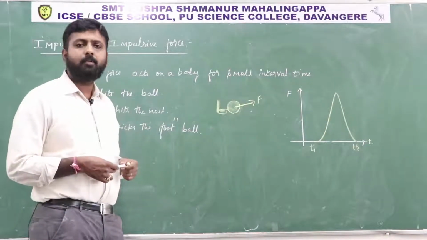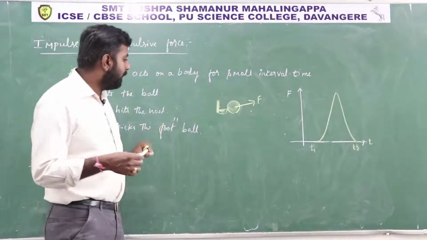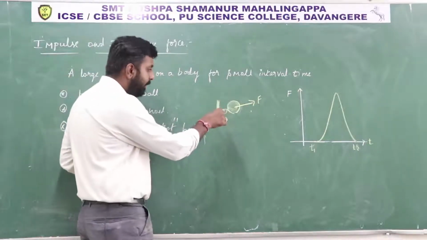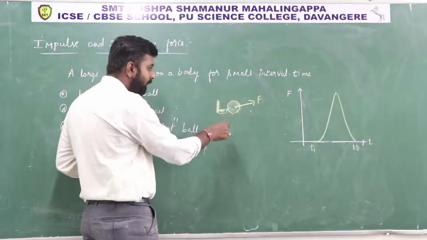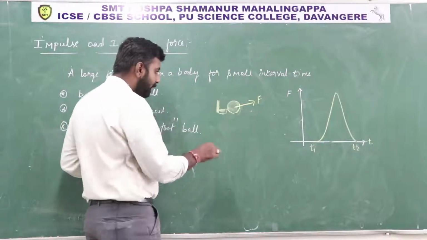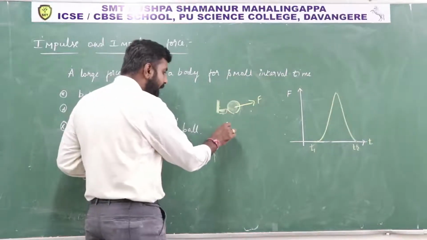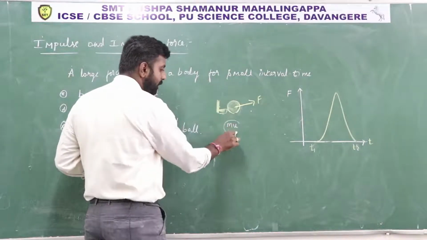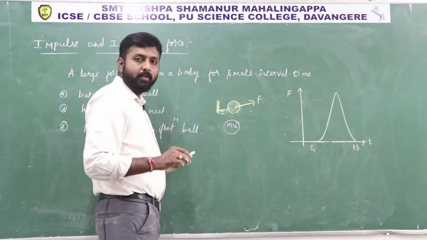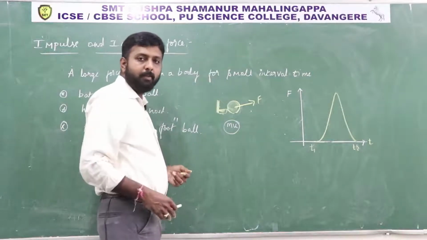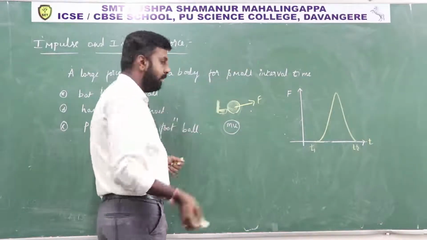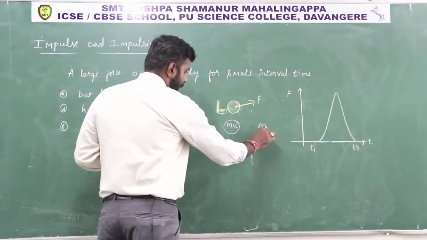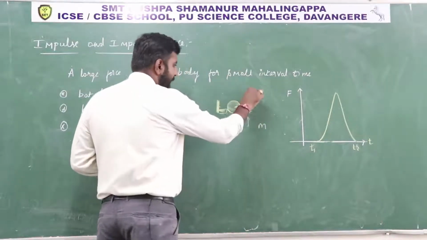So here you can consider initially before kicking this ball, the ball is at rest. Then what is its momentum? Its initial momentum is 0. Once the player kicks the football, then it will move with some velocity, let us say v.